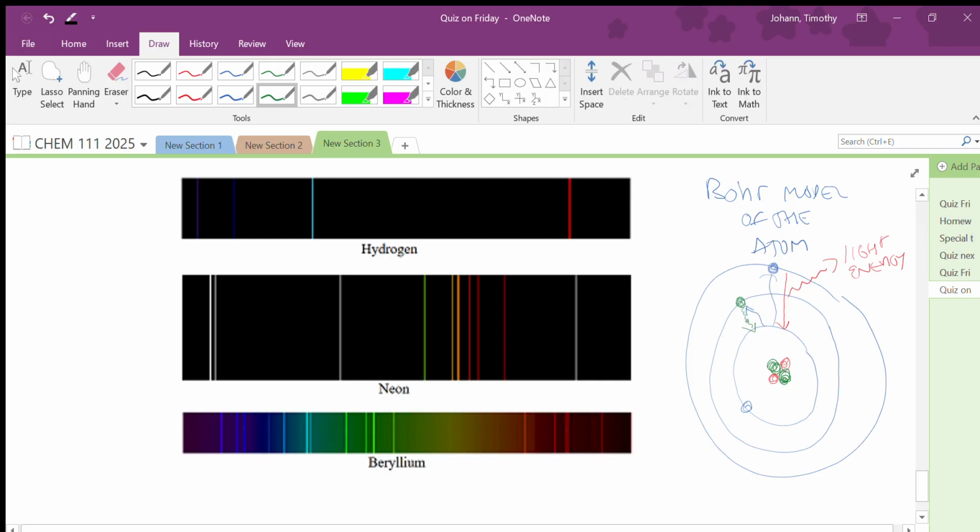And when it does that, it's going to give off light. You see how this is less energy because it didn't go to as high a level? So here we get less energy. Here we get more energy. I haven't actually done the colors right because red is lower energy than green. But if we look at these lines, that's why you get these lines. I'm going to fix my colors afterwards.